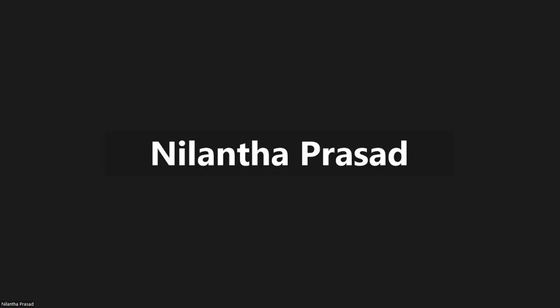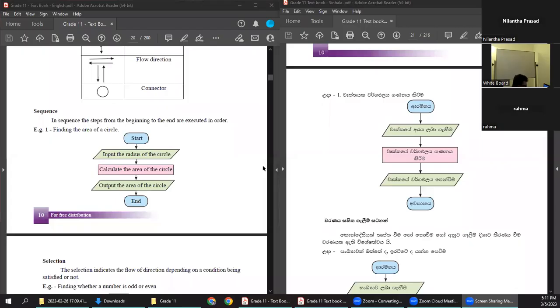Okay, let's share the screen. You can see now we have drawn our first flowchart. These flowcharts were there if you have done grade 6, so you have done it anyway.